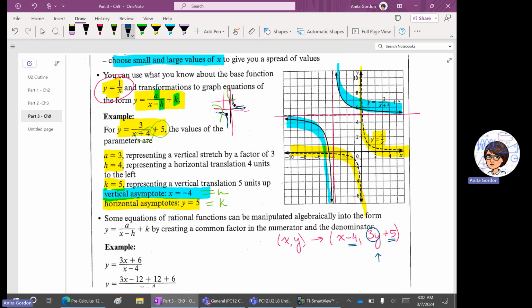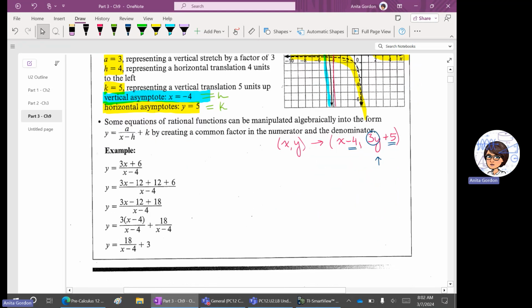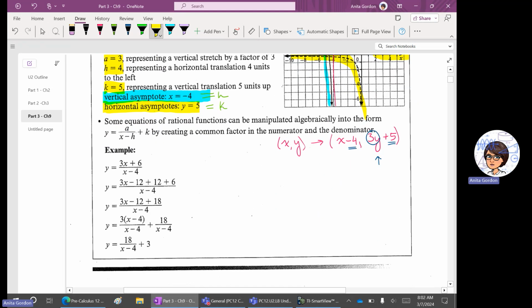Now, some of the equations are not going to be in this form. We always want it to be in this form because we can get a lot of information from looking at it that way. But we're not always going to get that. So we're sometimes going to get an equation that looks like this. Here's an example. And we can use some algebra in order to manipulate this in order to make it look like that.